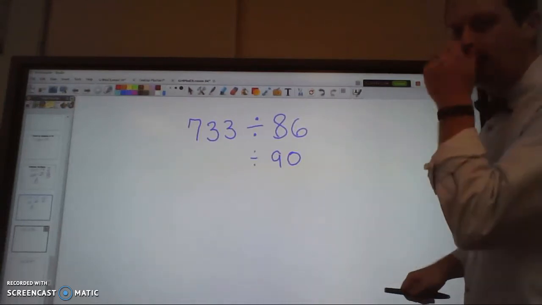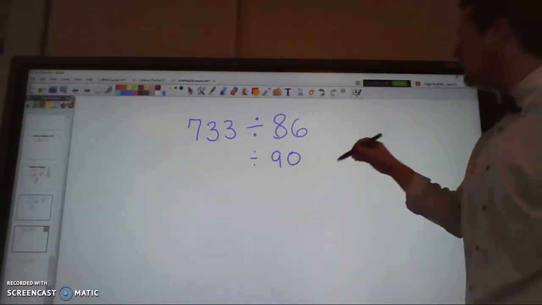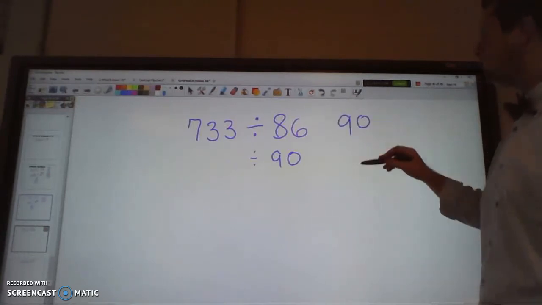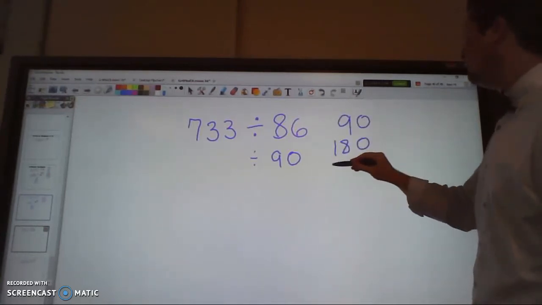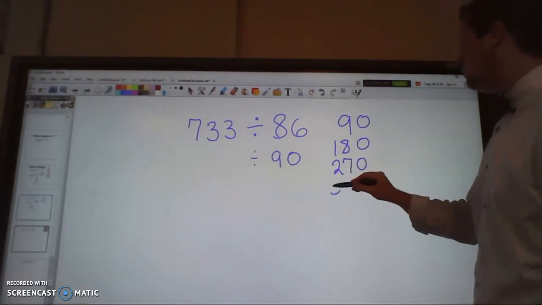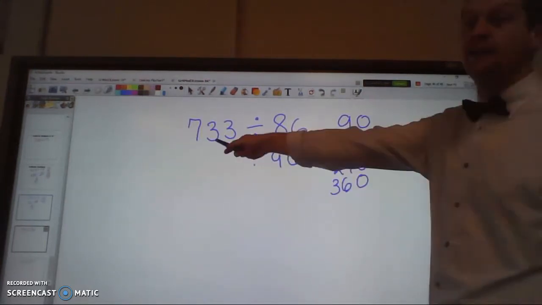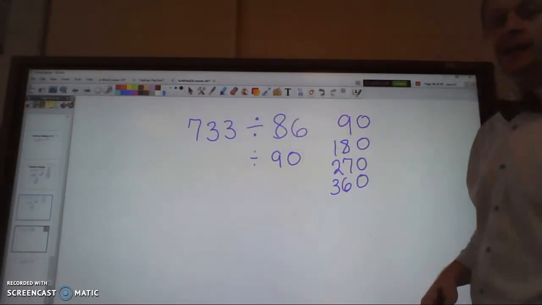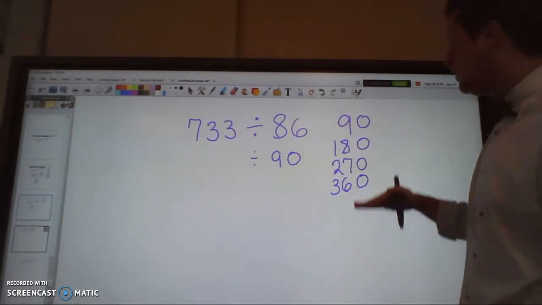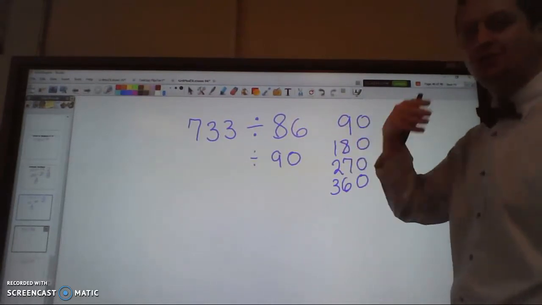I'm going to keep going though. But remember, this is not just 9, it's 90. So you got 9, add your 0. 18, 27, 36. Now, I'm going to keep going because this is 360. I'm trying to get to 733. And I'm hoping that eventually you won't have to write these down. You'll just be able to see it.